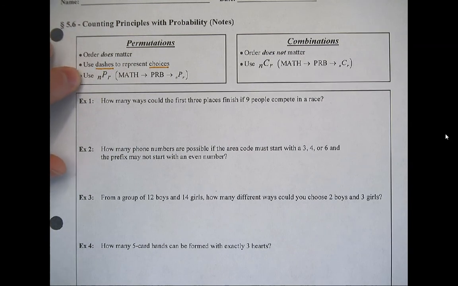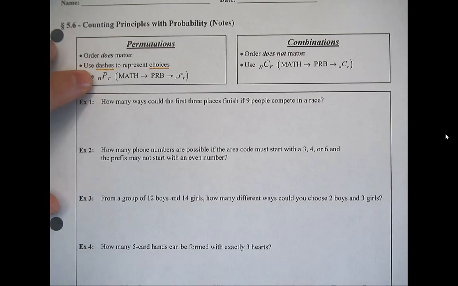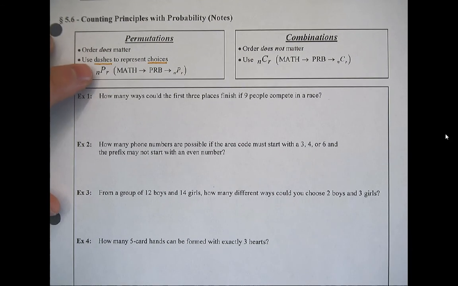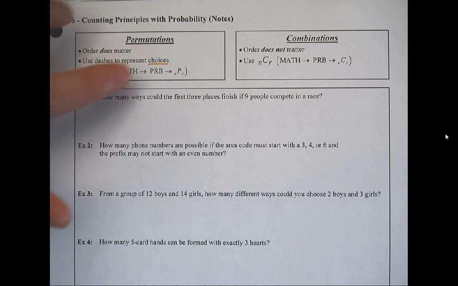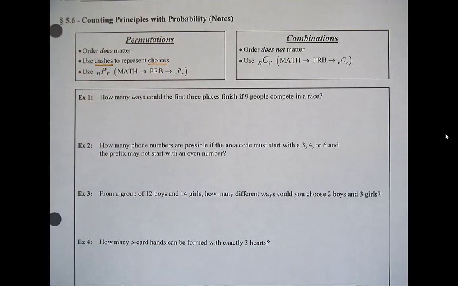Your calculator will do this too. It has a feature called permutation on your calc, nPr, under Math, and then PRB, the same place that we found factorial a couple units ago. I don't use nPr, I use dashes, but it's up to you.